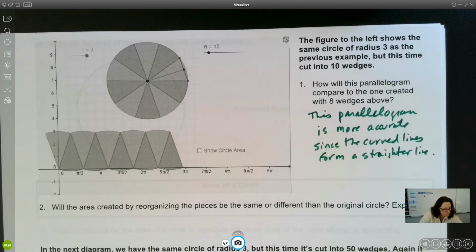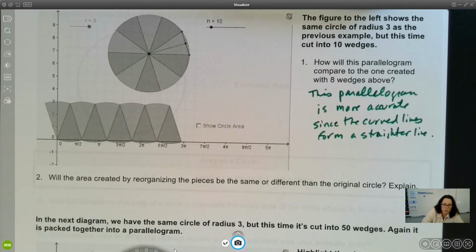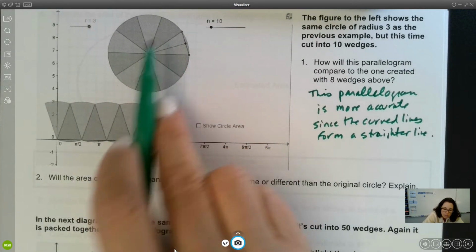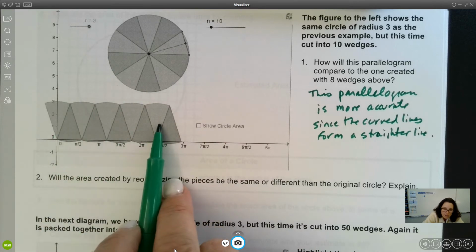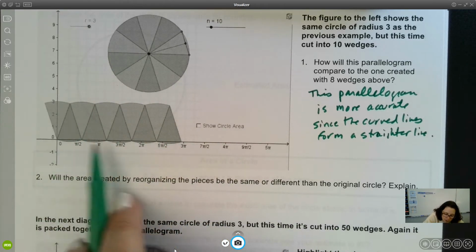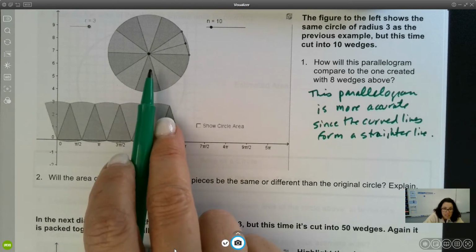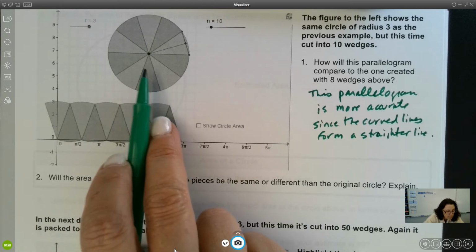Will the area created by reorganizing the pieces be the same or different than the original circle? So if I take these wedges out and lay them out like this, the area of this is exactly the same as the area of that.